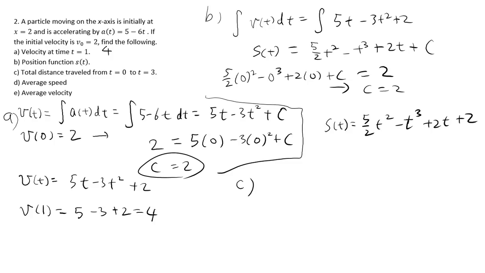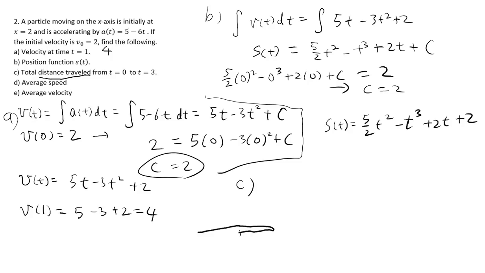But when you're being asked distance traveled, that's a different story, because it could be that something would move this way, and then it would come back. If the velocity changes from positive to negative, then this can certainly happen.